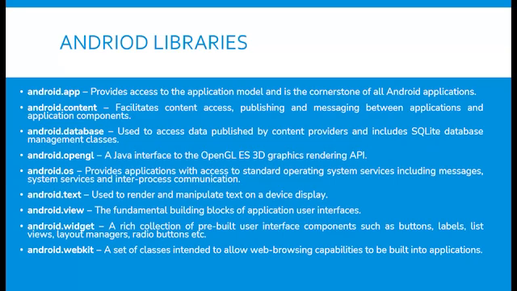For designing apps we require Android.app, Android.content, Android.database, Android.opengl, Android.os, Android.text, Android.view, Android.widget and Android.webkit. These are the different libraries we will be using. Widget consists of UI components, and WebKit is used for web-based operations.